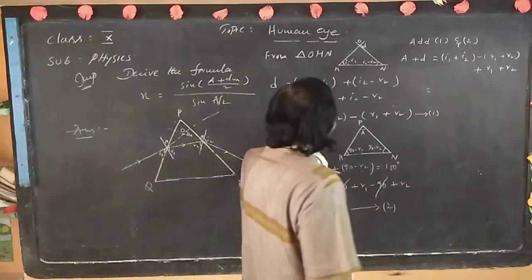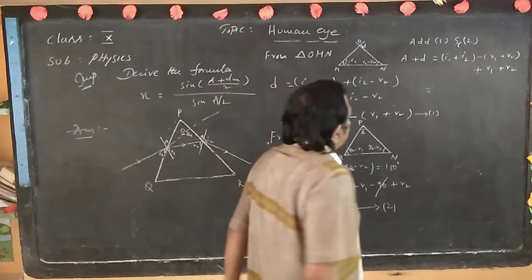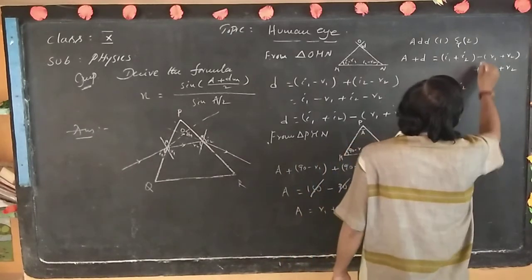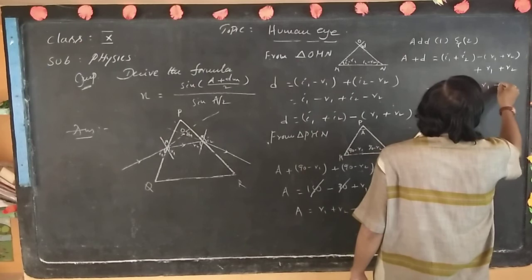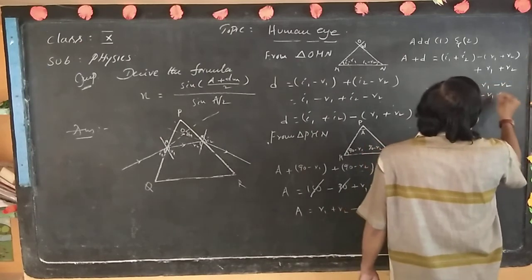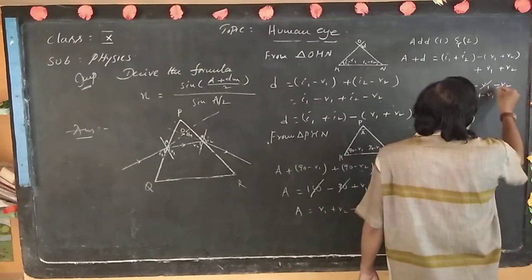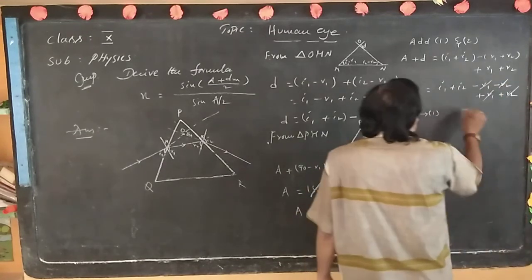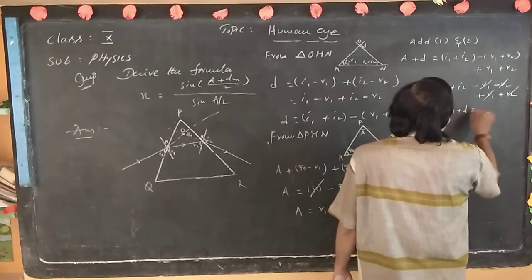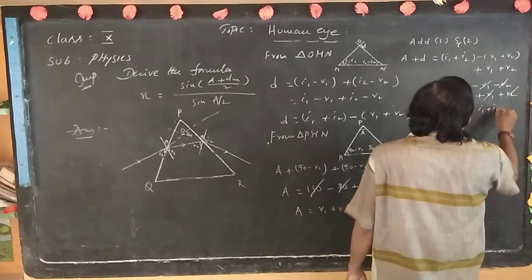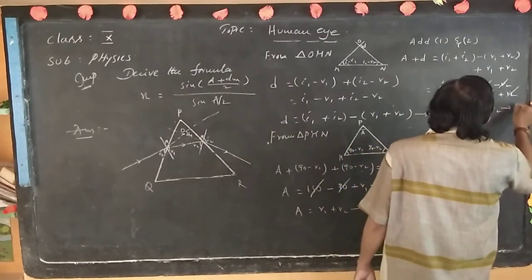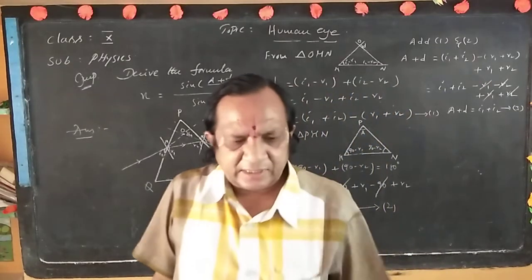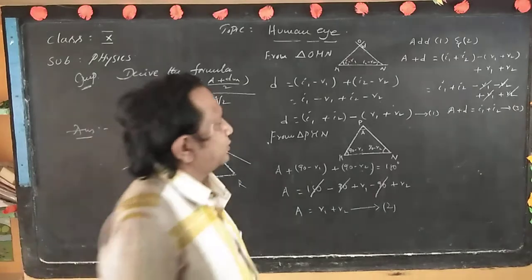Now I1 plus I2 minus R1 minus R2 plus R1 plus R2. R1 minus R1 and R2 plus R2 get cancelled. Now A plus D is equal to I1 plus I2. Let it be equation number 3.